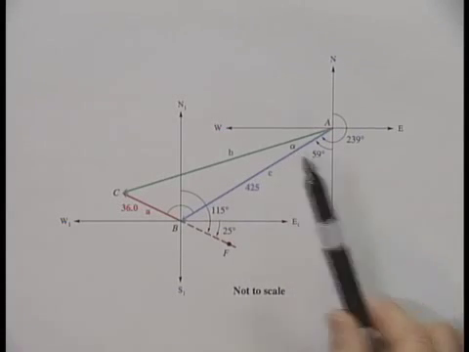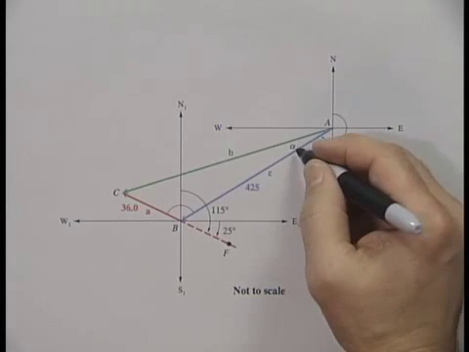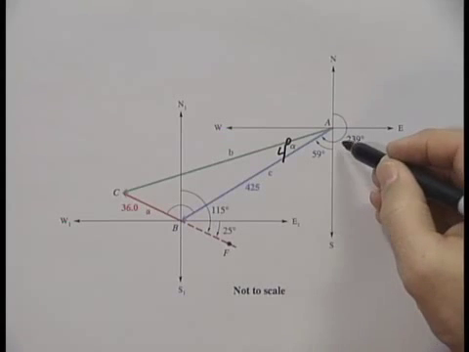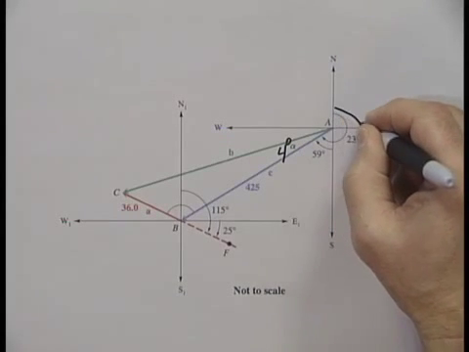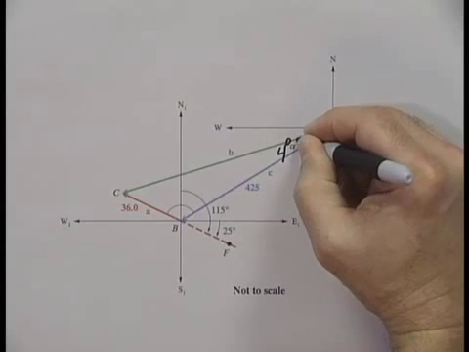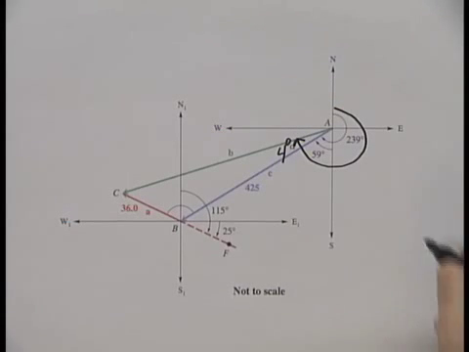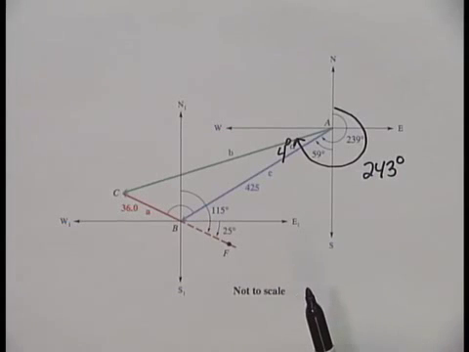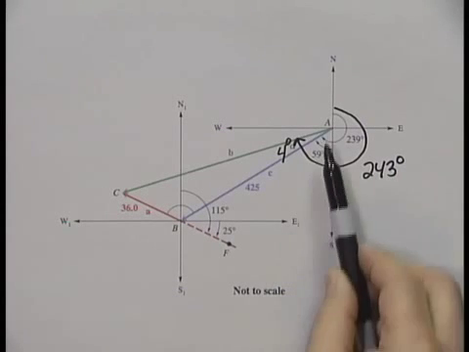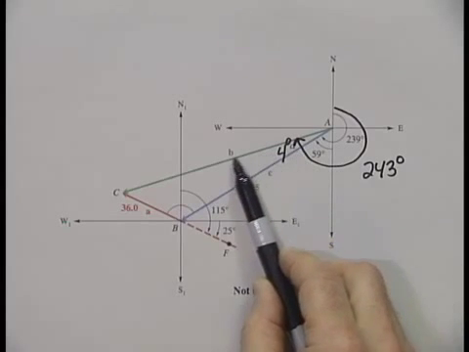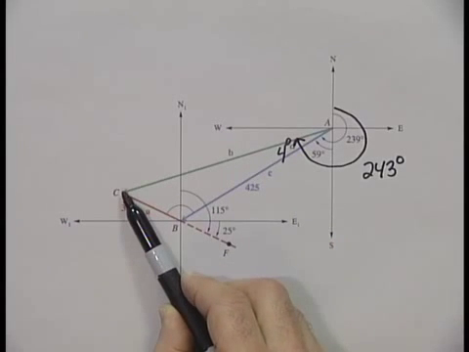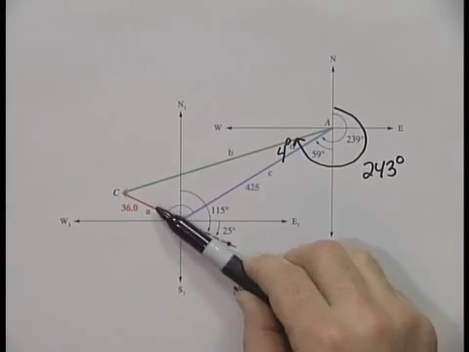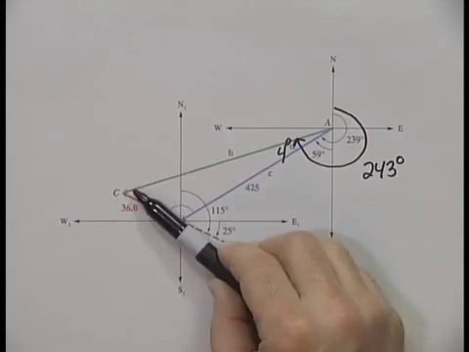That angle alpha we just found was 4 degrees, which means we added it to the 239 to get this entire bearing, which we said was 243 degrees. And so the flight of the plane relative to the ground is actually this vector b, which has been adjusted for the fact that the wind would blow the plane in this direction.